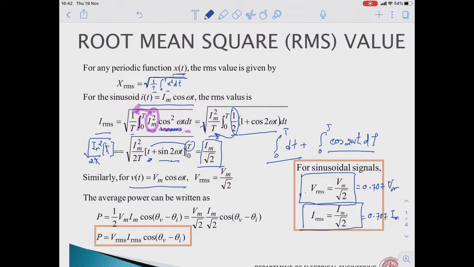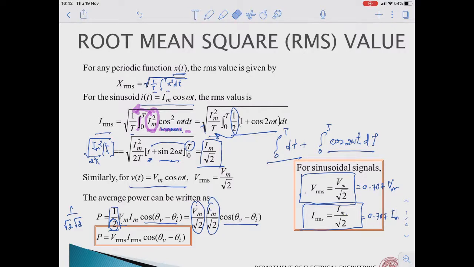We know that for the AC signal, the average power P is equal to 1 over 2 Vm Im cosine (theta_V minus theta_I). We convert 1 over 2 into 1 over square root 2 multiplied by 1 over square root 2, so we come up with Vm divided by square root 2 and Im divided by square root 2 times cosine (theta_V minus theta_I).